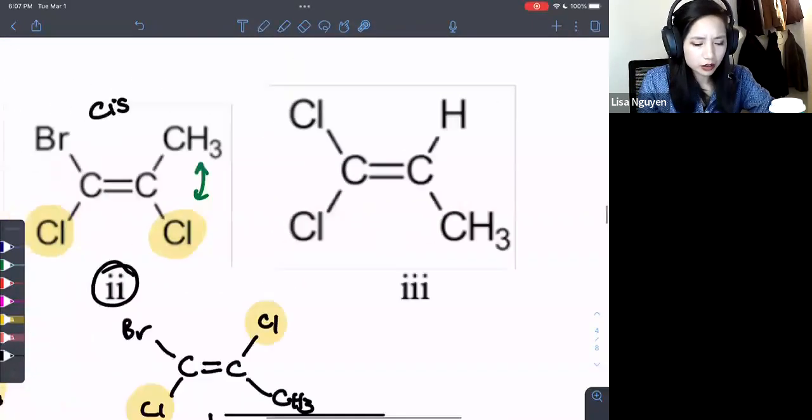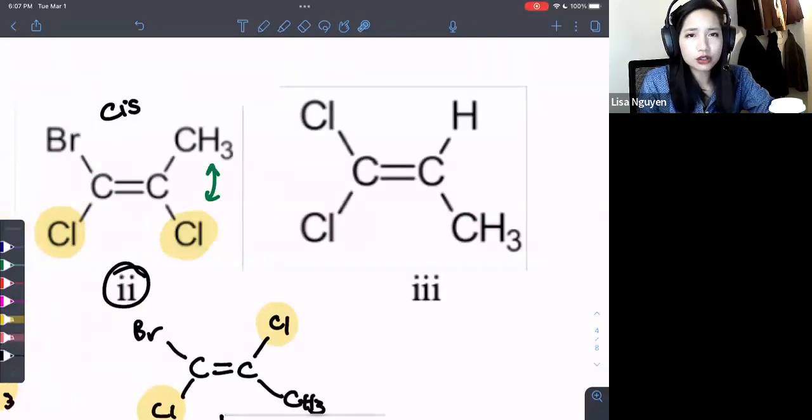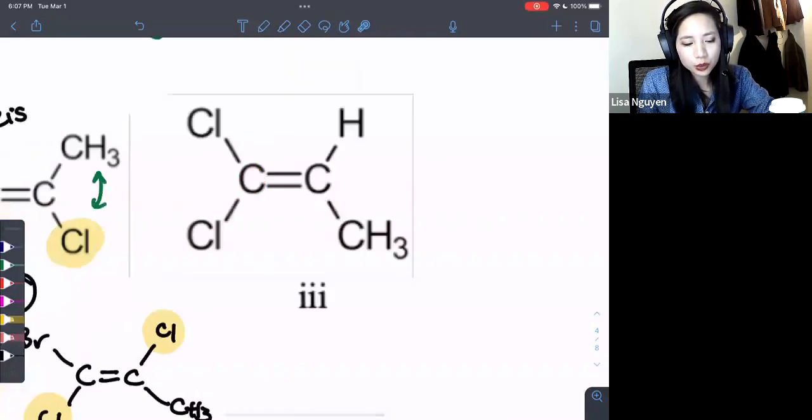When we look at this molecule, these 2 chlorines are bonded to different carbons across the double bond, so they are cis to one another. Oftentimes students will think that when we have 2 chlorines together on one carbon atom, this is cis. This is not cis. Because these chlorines are on the same carbon atom, we actually need the same group on different carbon atoms.